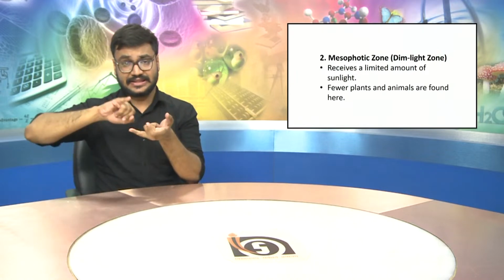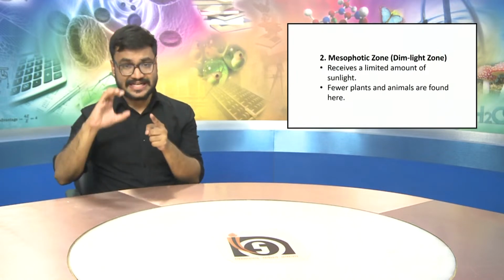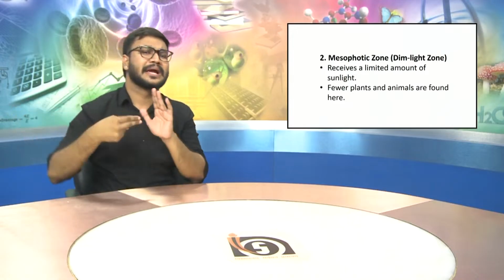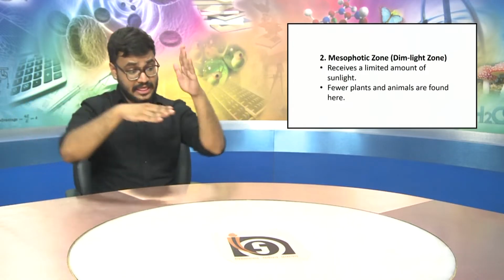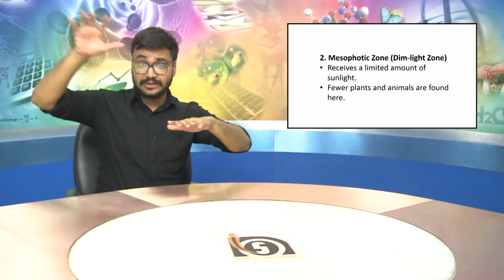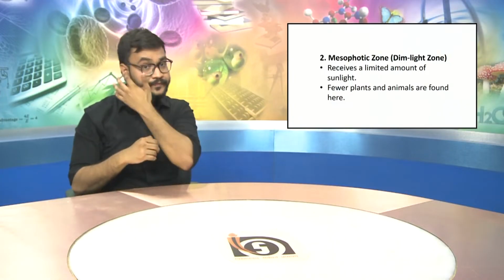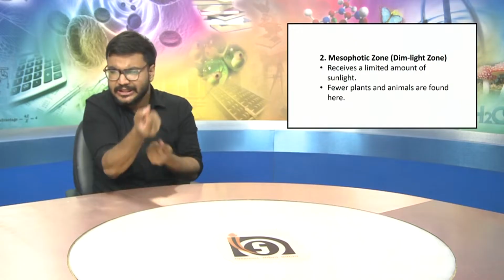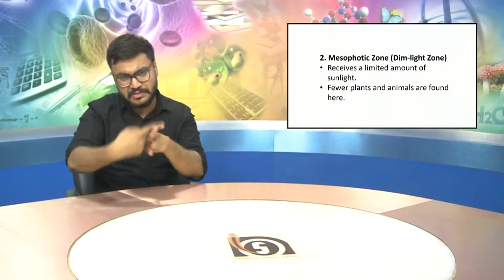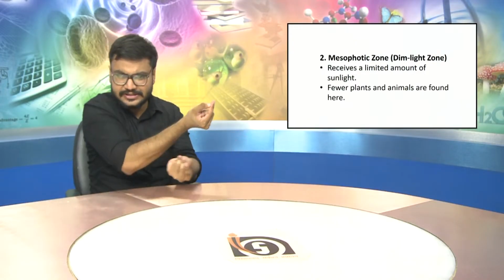Second level is the mesophotic zone, or we can say the dim light zone. It receives a limited amount of sunlight and fewer plants and animals are found in this level.